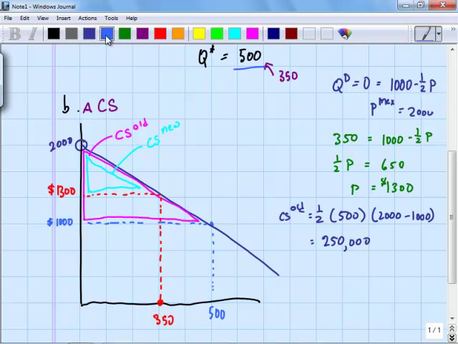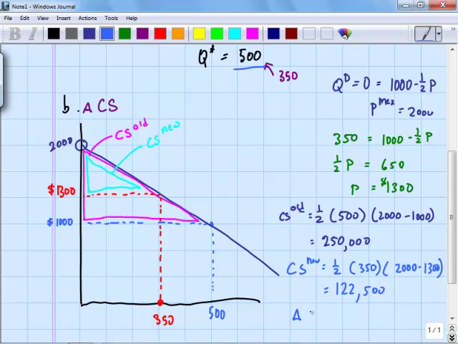Then if I want to figure out consumer surplus new, that's going to be 1/2. The base is now 350, and the height is now 2,000 minus 1,300. Or 122,500.